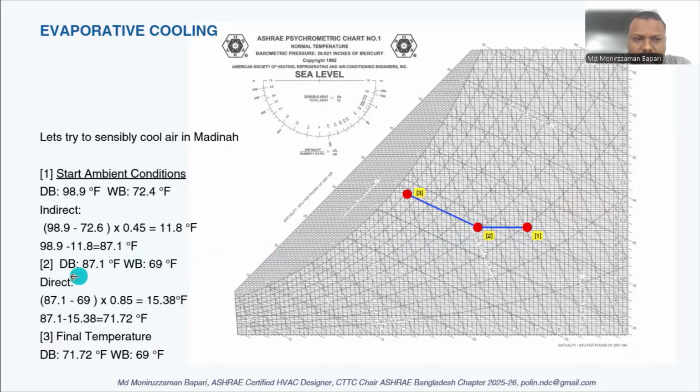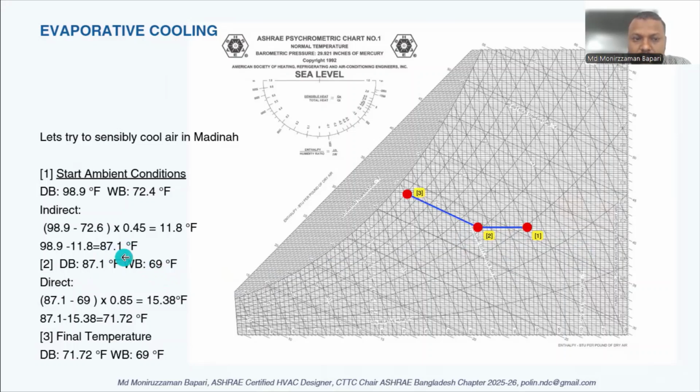And finally, as we are spraying the water, the air is cooling down and the wet bulb temperature is also changing. Here is another scenario. In this particular position, 87.1 degrees Fahrenheit is the dry bulb now, the changed scenario, and the wet bulb in this scenario is 69 degrees Fahrenheit.